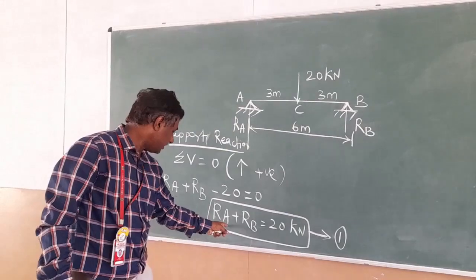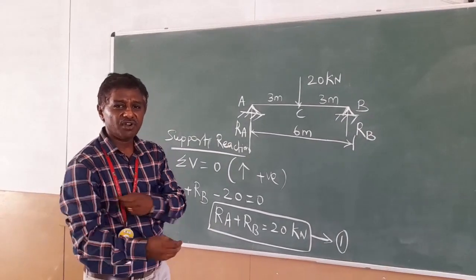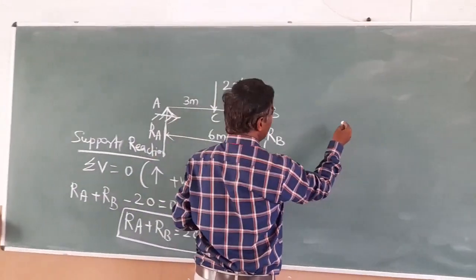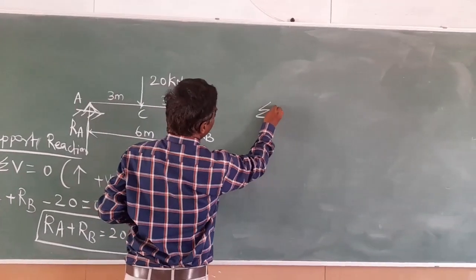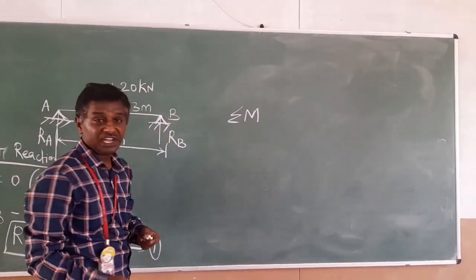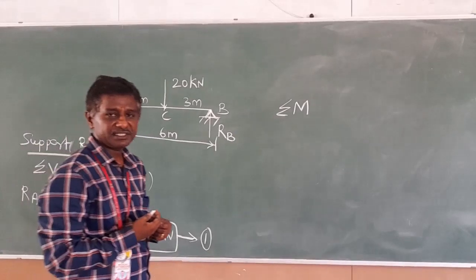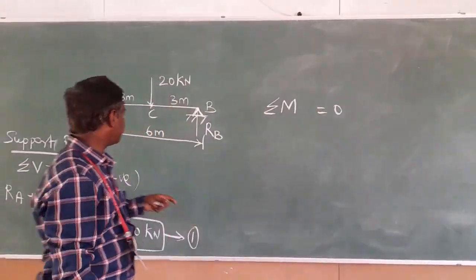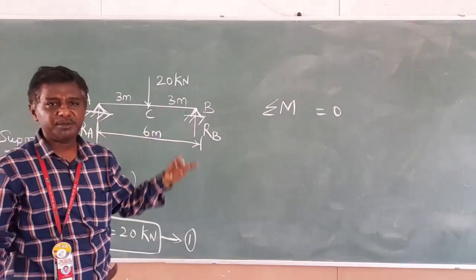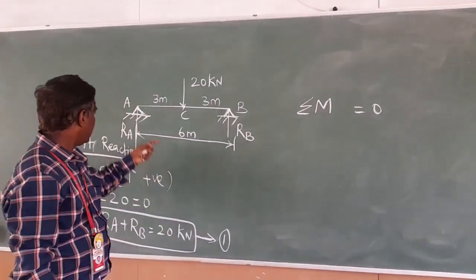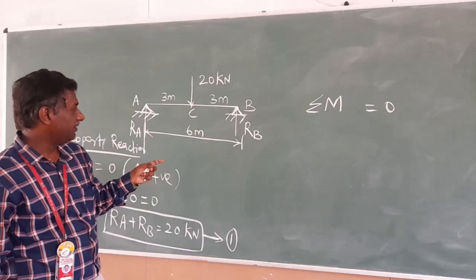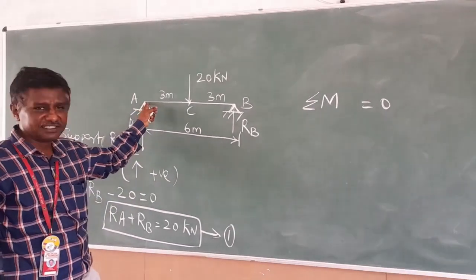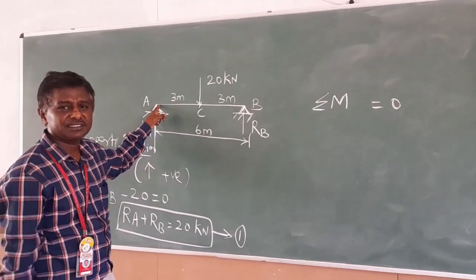Then I can go for another static equilibrium equation, with respect to bending moment. The sum of bending moments at any arbitrary point is taken as 0. Which point can I take? Let's take point A, or point C, or any point. But it is simplified if you take the point where a support reaction is acting.